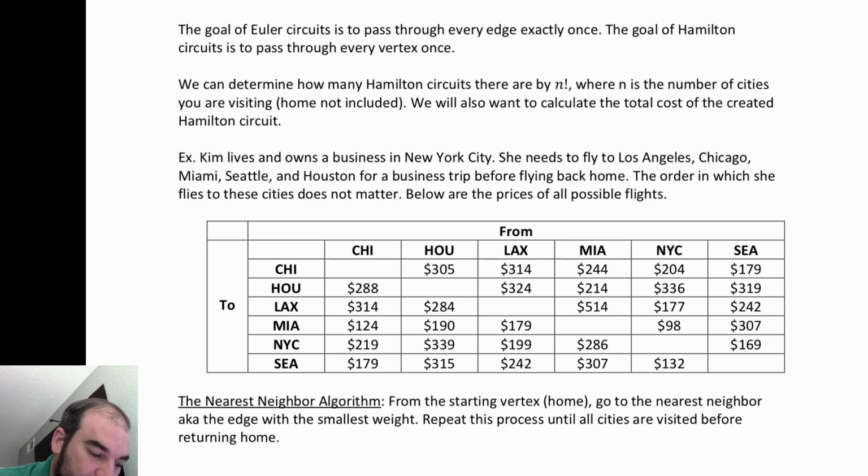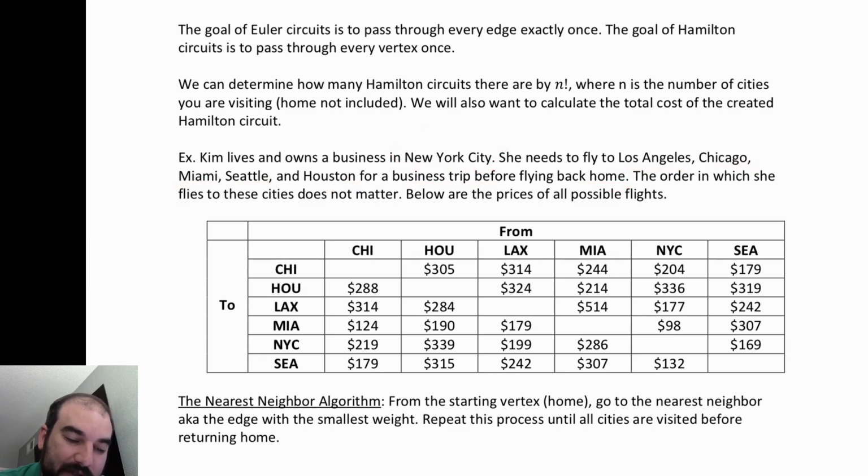It's not necessarily a traveling salesman, but it is a person who owns a business in New York City. She needs to fly to Los Angeles, Chicago, Miami, Seattle, and Houston for a business trip before flying back home.